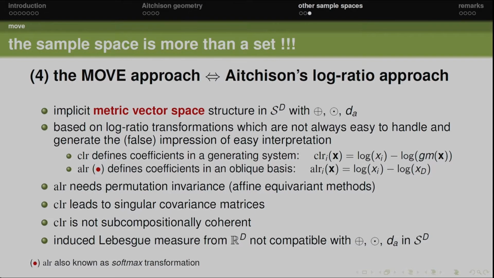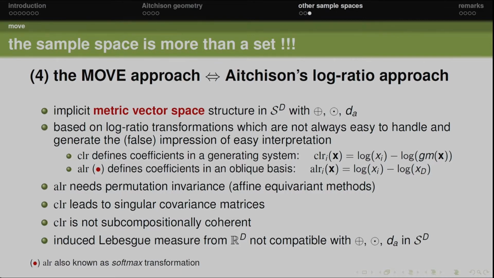And then Aitchison's log ratio approach, which had this implicit vector space structure, introduced these two transformations.